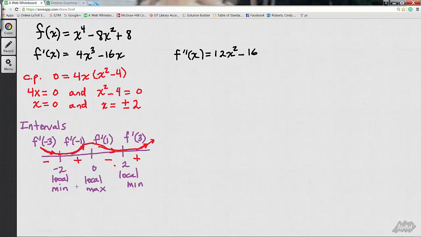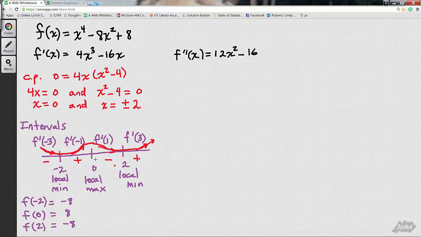So what I want to do is get the actual point, so I will plug these critical points into my original function, and what this will do is give me my y value. So if you go back to the original function and you plug these values in, f of -2, you should get -8, f of 0, you should get 8, f of 2, you should get -8.